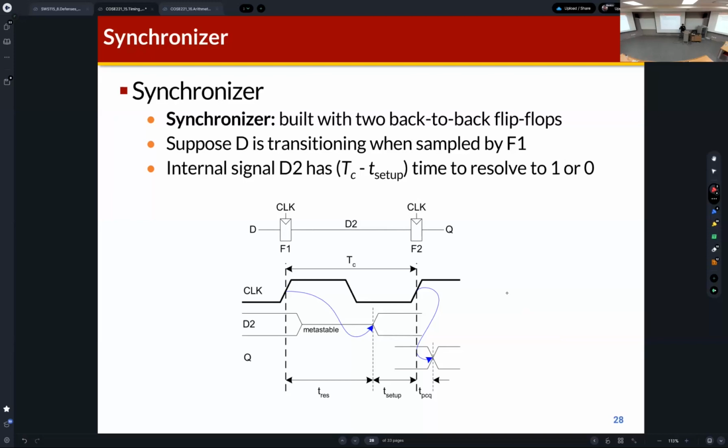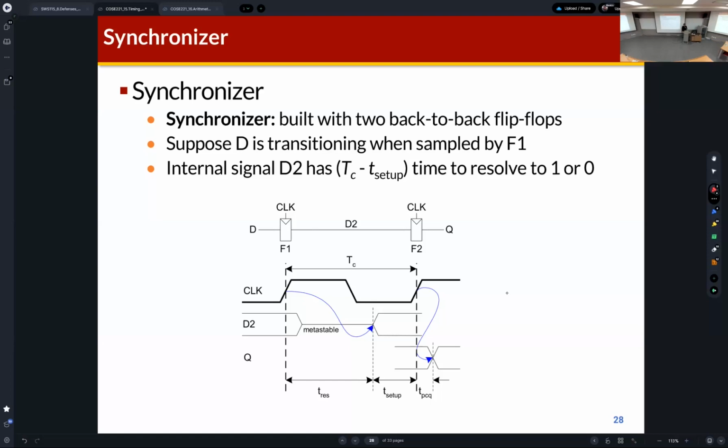But for the outer interface, if our digital system receives a certain signal from the outer world, then we need to design a synchronizer for this outer signal, because we don't know the exact timing of this outer signal.